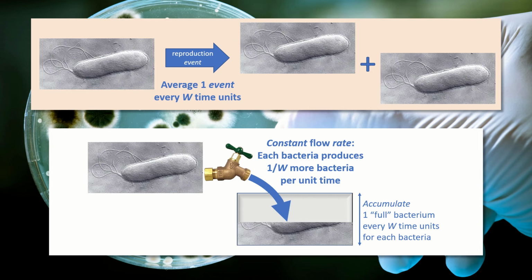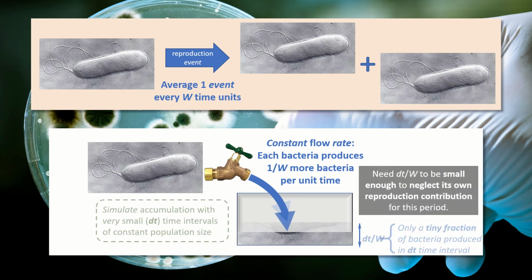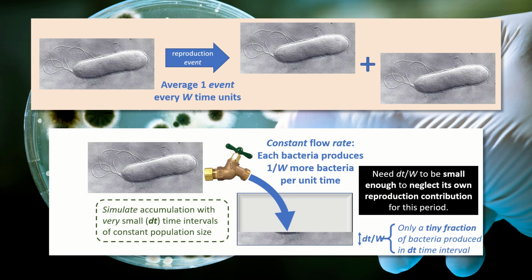This gives us a rate unit that, if we multiply by the number of bacteria, tells us how much of a flow we get into this new accumulation of bacteria. If we only look at how much adds in a very small amount of time that we call dt, then we can calculate how many new non-reproducing bacteria are generated. Then when we move to the next time unit, we take this new proportion, add it to the reproducing proportion, and do that over and over again.